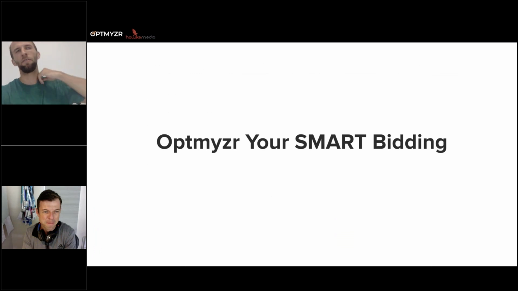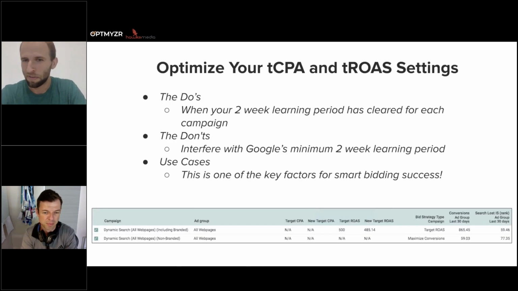Optmyzr smart bidding. One of the most important things with smart bidding is, if you're going to use automation and tell Google, hey, I need this target return on ad spend for this campaign, or I need this CPA, you better make sure that those settings are correct. It's really one of the only inputs that you even do for bidding altogether. So make sure that that's correct. And to do that, Optmyzr has a tool. And here it is.